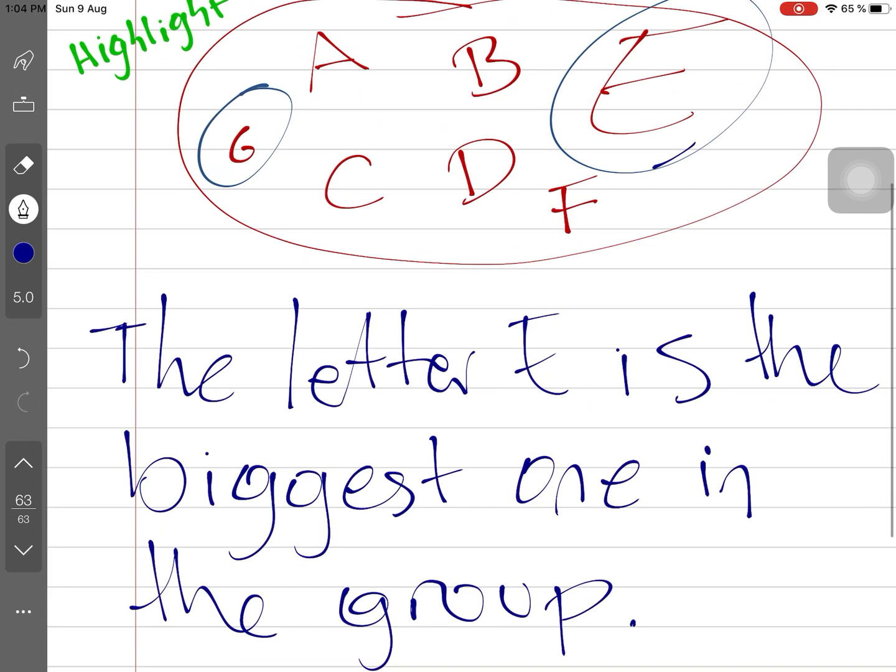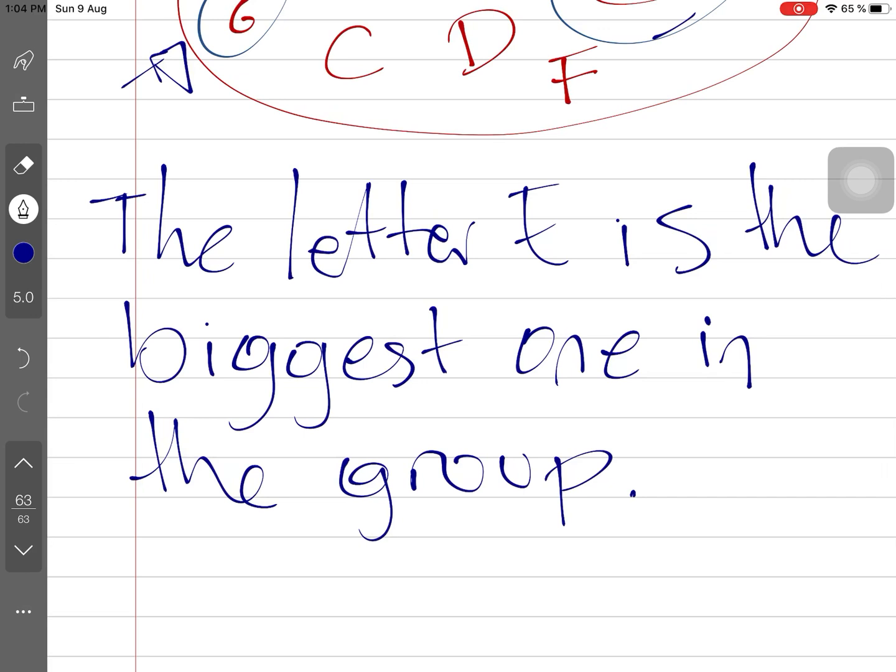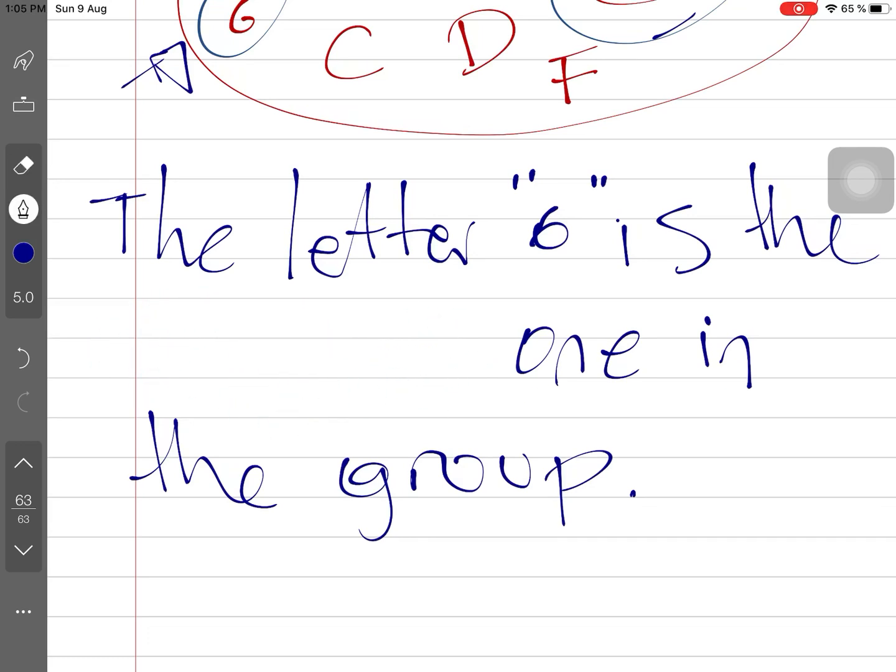So my group is going to be here, and that characteristic of the letter E is going to be the most predominant. But in the other case, we go with the letter G. So that is not the biggest. Here, when we say the letter G in lowercase, we could put it in quotation marks, it is not the biggest, it's going to be the smallest.